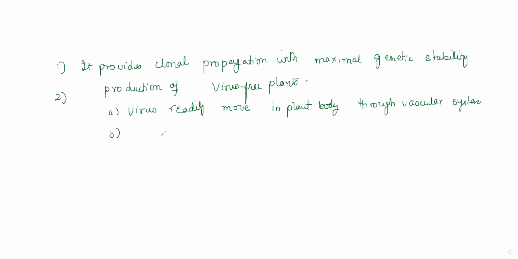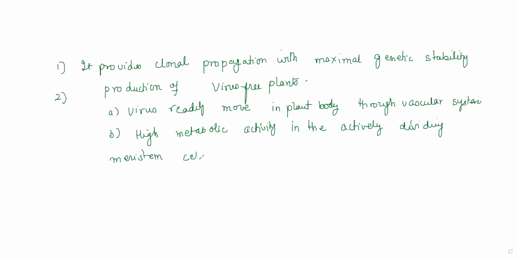Second is the high metabolic activity in the actively dividing meristem cells, and this does not allow the virus multiplication.